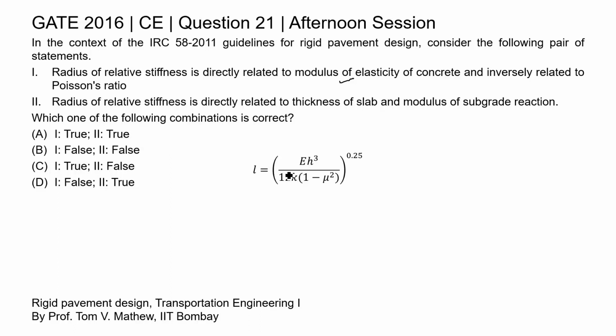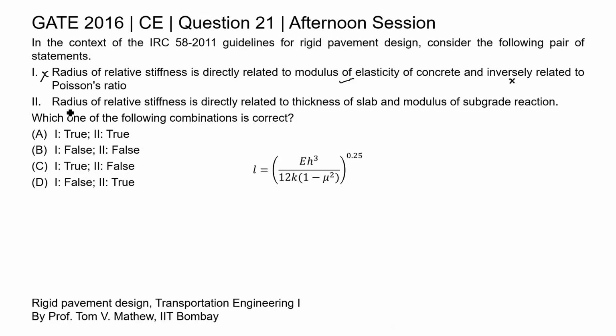So, this is directly proportional. Suppose if this mu is increased, then this term will be decreased and the whole term will be increased. It means L is increasing or decreasing the same as mu, that is, it is directly proportional, not inversely proportional. So, this statement becomes false.